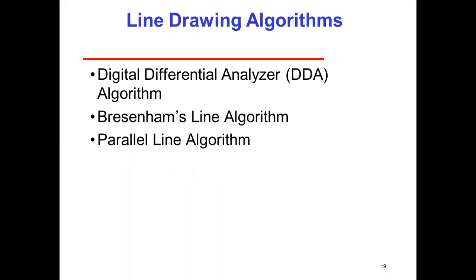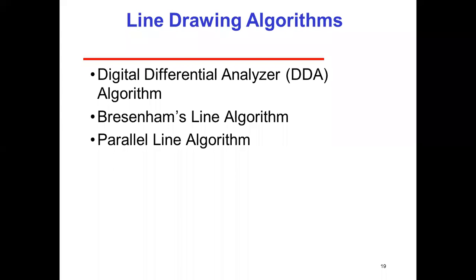There are two types of digital differential analyzer algorithm, and this is used to draw the straight line. First is called the symmetrical DDA, and another is called the simple DDA.